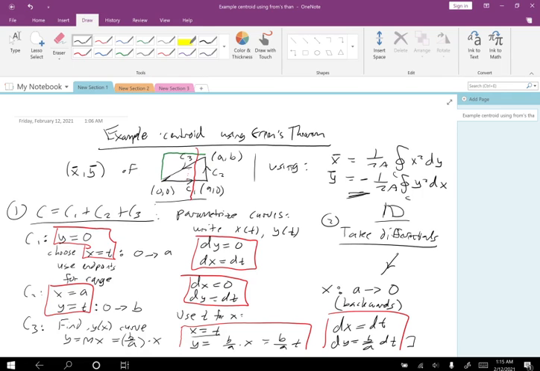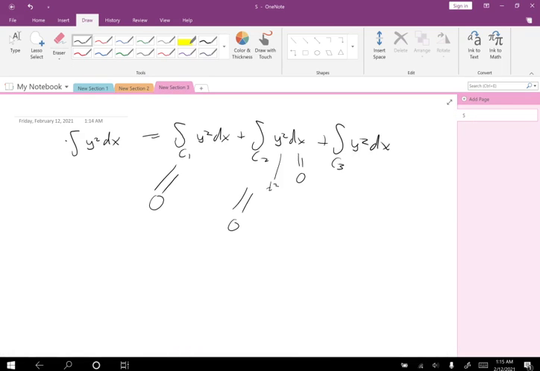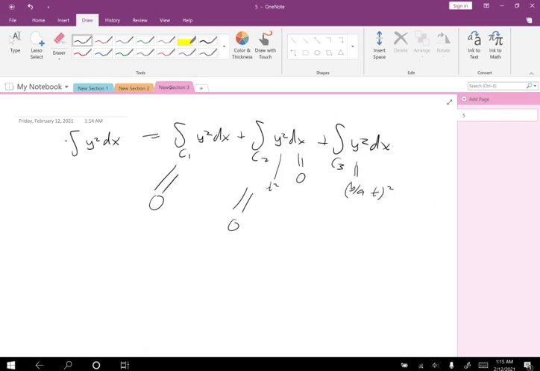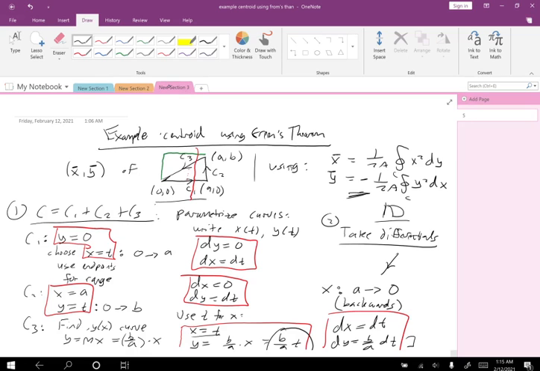For this last integral, we know that y is b divided by a times t, and x is just dt, and our integral range goes from a to 0.